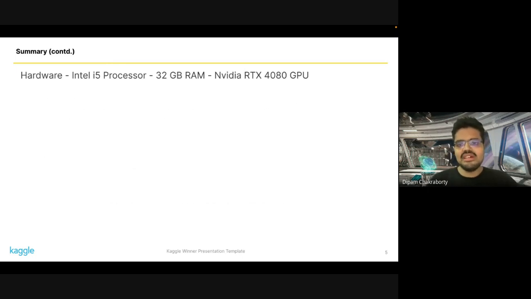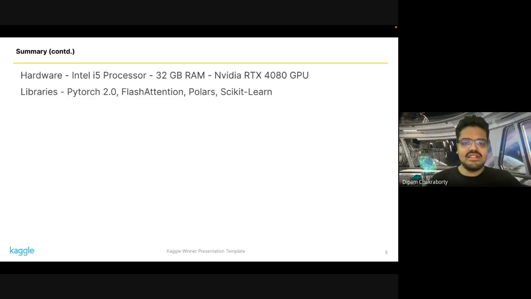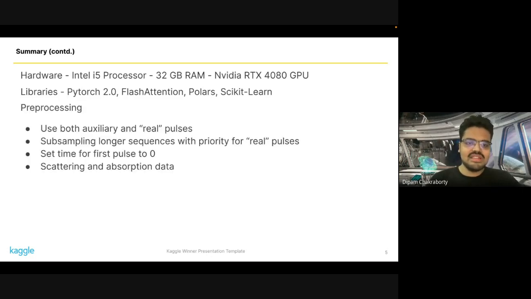So this is the hardware. I actually had a 3060 before, and only in the last month, the last 20 days of the competition, I decided that doing better in this competition does require some more compute. So I upgraded to the 4080, and everything else is quite normal PyTorch and flash attention, which really helped train much faster.